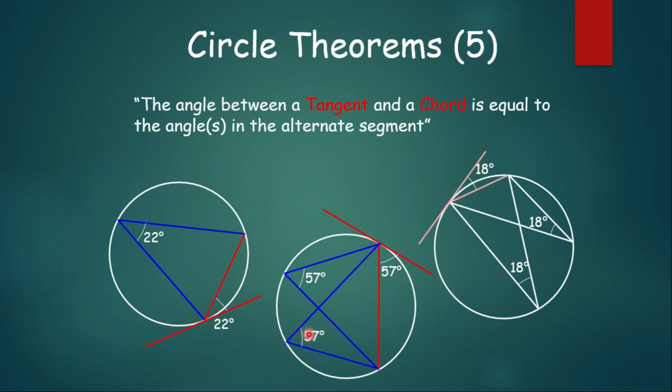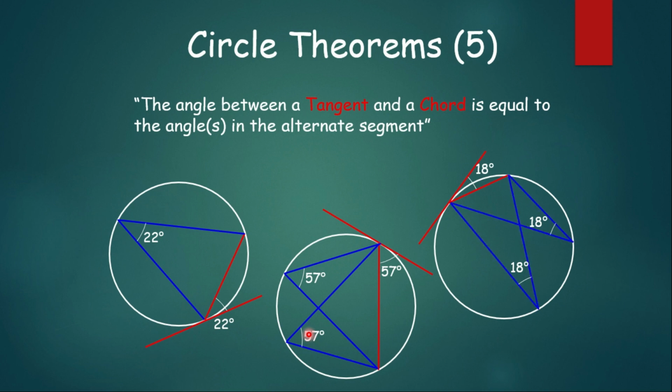Now, when we highlight the third one too, it's the same thing, 18 and 18. So this is the chord and this is the tangent, this is the alternate segment, and this another alternate segment, which means that the angles formed here are all equal to the angle formed by the tangent and the chord.